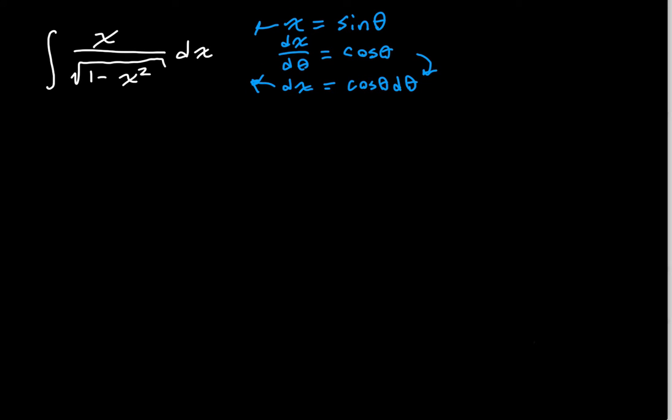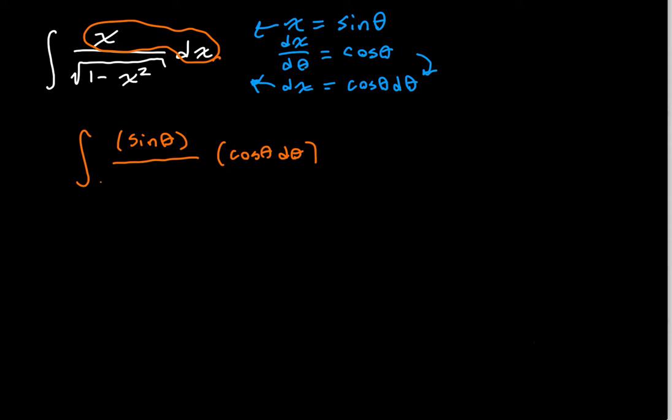So for our integral with the substitutions, I'm going to change it to orange because orange is a nice color. We're going to have the integral of x dx. What's that going to turn into? That's going to turn into sine of theta for the x, and times the dx, that's going to be cosine of theta d theta.